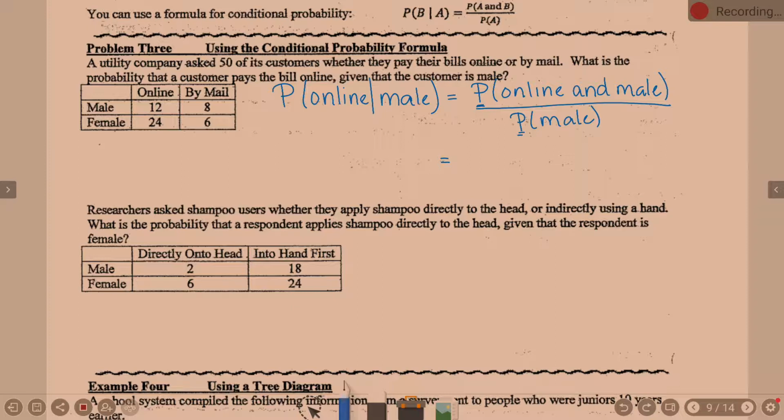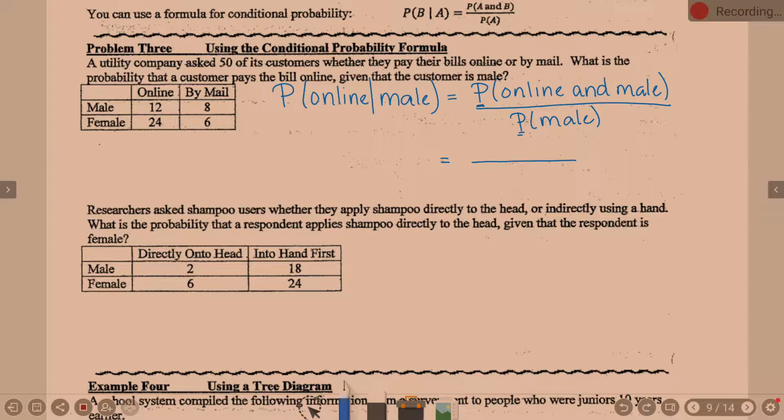So, as we set this up, what is the probability that a customer pays online and is mailed? 12 out of how many?